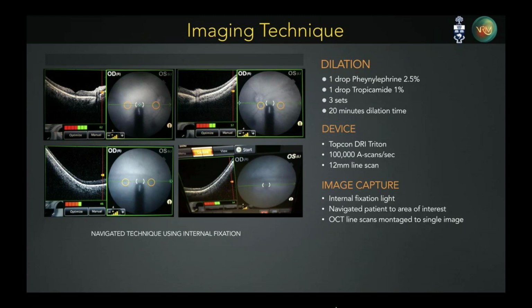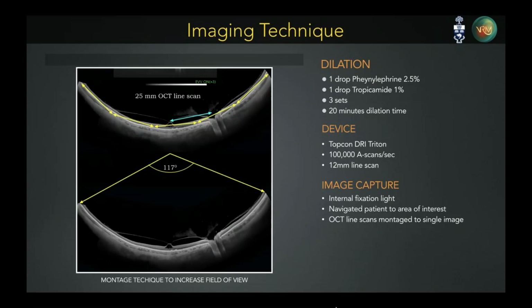And we've actually developed techniques with the Triton to allow patients to be imaged in a wide field format. So this is from one of the papers that we published, and basically shows that you can use the internal and external fixation light, as you can see with the bottom left and bottom right images, to really image way out to the periphery.